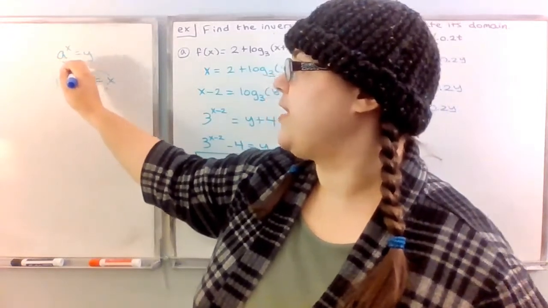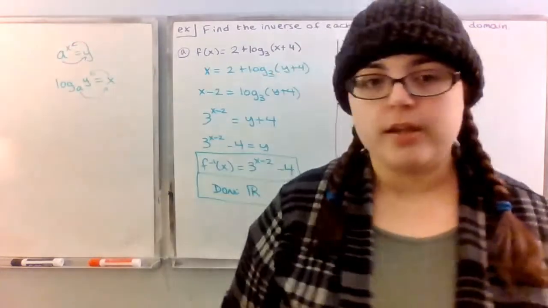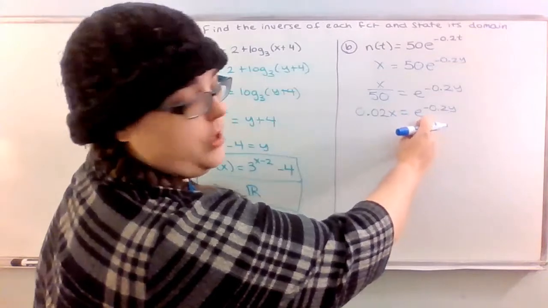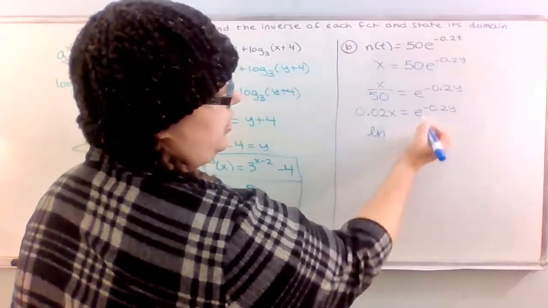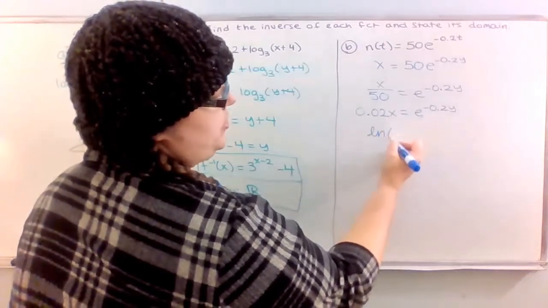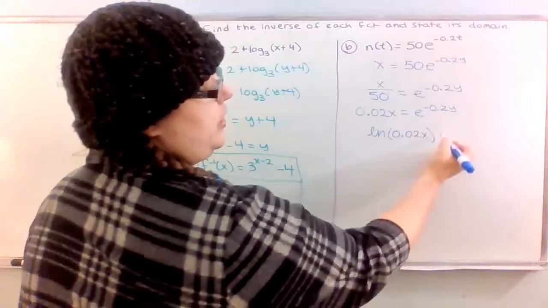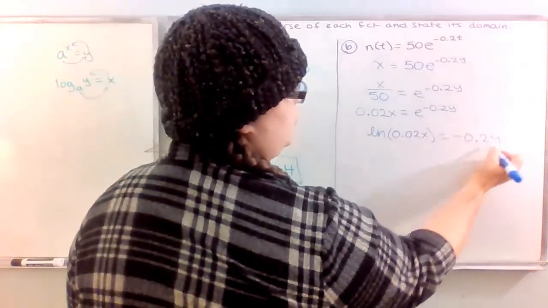So we'll have log base a of y equals x. So here, because our base is e, we're going to get the natural log. So we have log base e, or the natural log, of 0.02x is equal to the exponent of negative 0.2y.